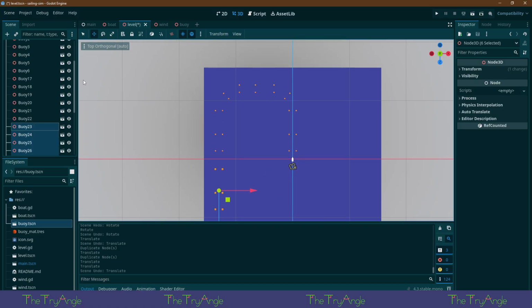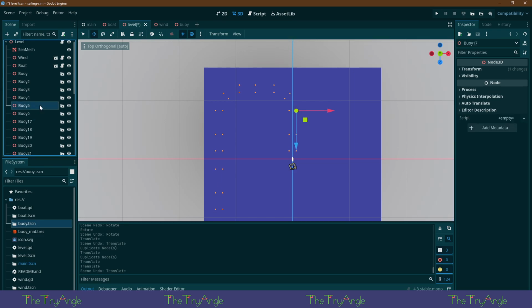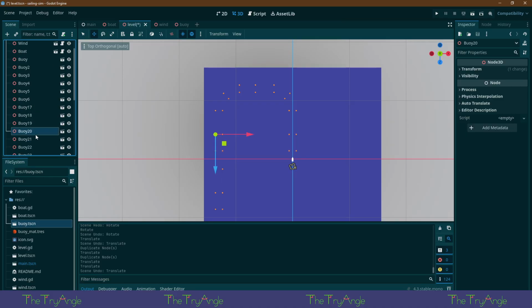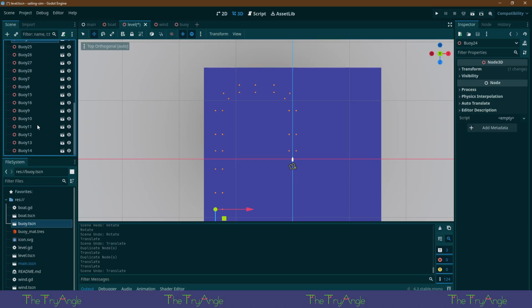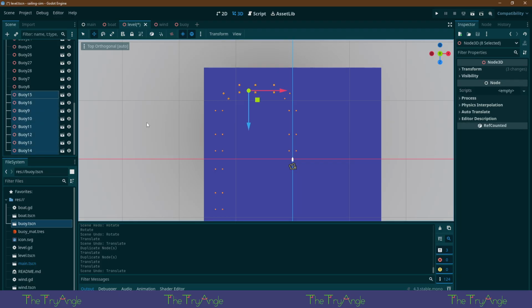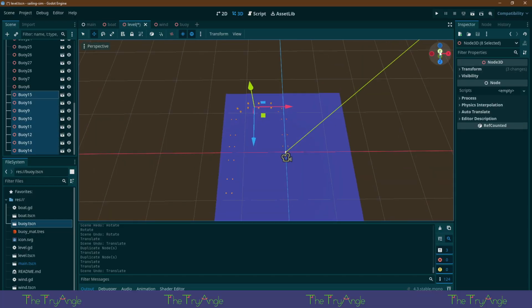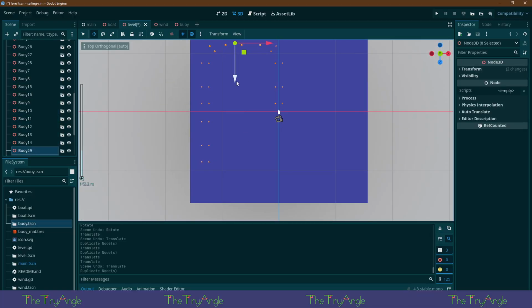Oh. Golly. What? Oh. Whoa, no, not that. Duplicate. Cool. Yeah, all right. Rotate 90 degrees.